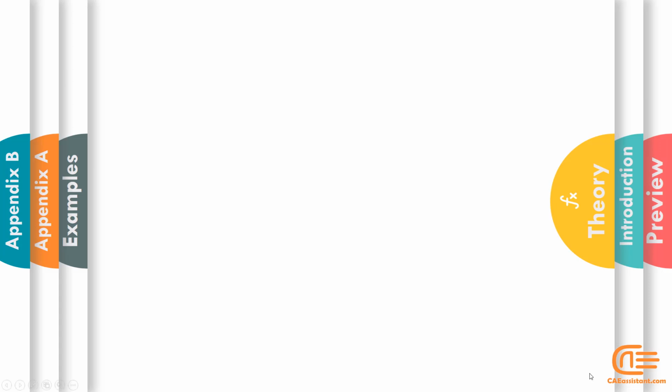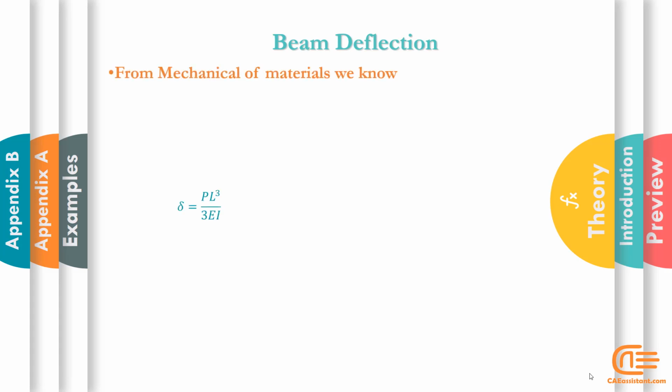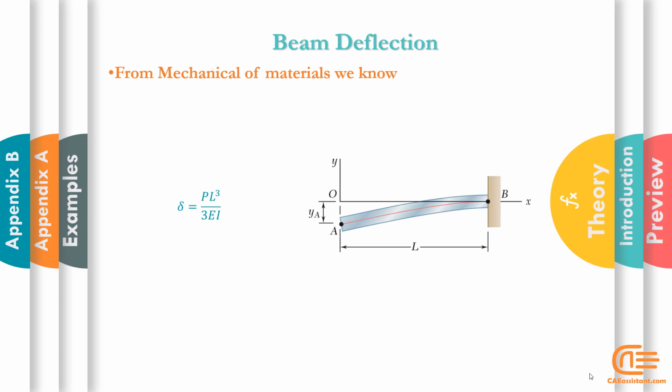From mechanics of materials, we know that the deflection of a cantilever is obtained from this relation, where P is load, L is beam length, E is Young's modulus, and I is the moment of inertia of the transformed section with respect to its centroidal axis. The formula itself is obtained as follows.